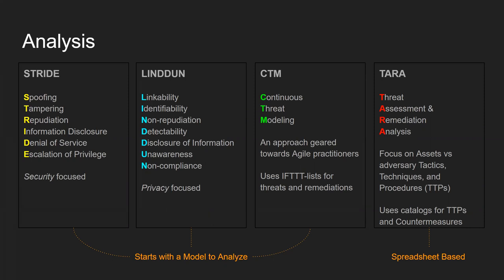And so really what we wanted to express here, without going into a lot of detail about each of the individual approaches, is that given that definition of what threat modeling is and all those principles and values and patterns and anti-patterns, all of this fits within the threat modeling umbrella, right? And so whether you're doing Stride or CTM or Tara, it's still threat modeling. It's just different ways of doing it.